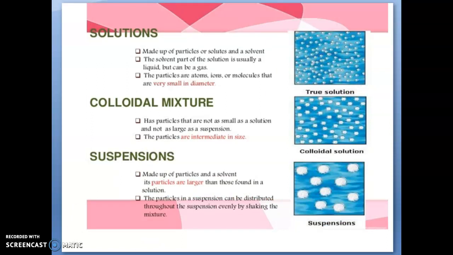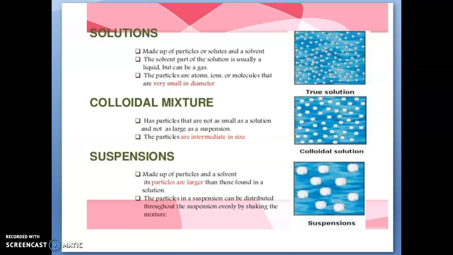So we know different types of solution. We have to identify this colloidal solution from a true solution or any other suspension. So what is meant by a true solution? It is a particle of solute dissolved into a solvent, that is a true solution, where the solvent of the solution is usually a liquid but sometimes it can be a gas.